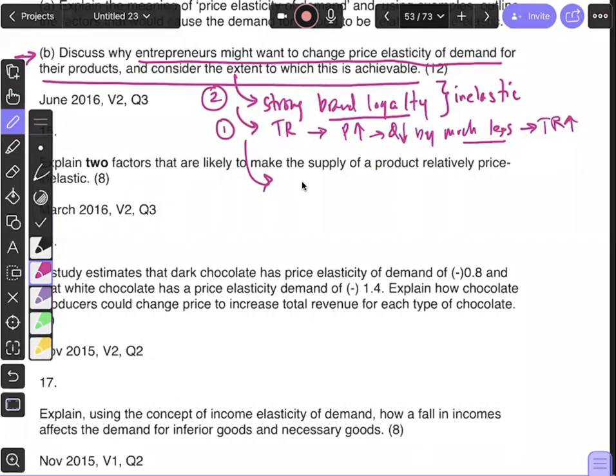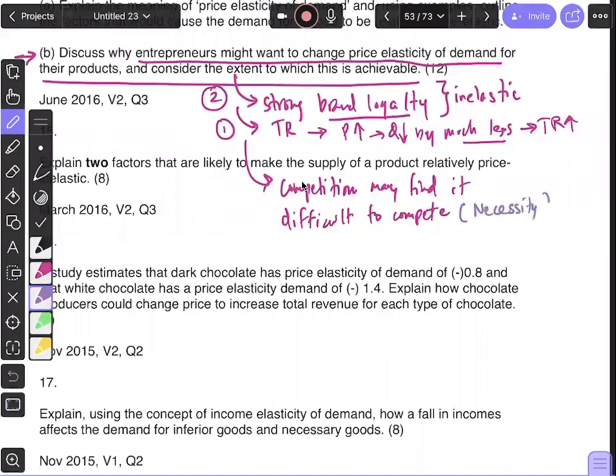As compared to competition, we've already mentioned that competition may find it difficult to compete with us because we have a strong brand loyalty. Also, we are considered as a good that could be like a necessity sometimes because people strongly want to buy our good.